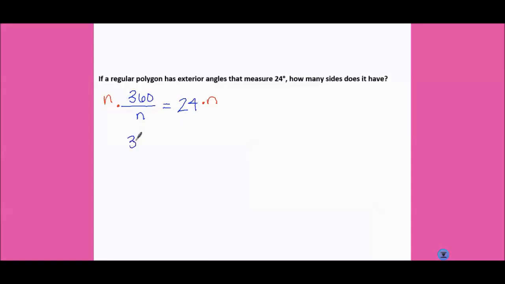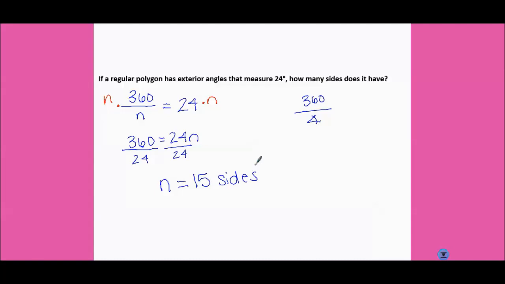We would get 360 equals 24n, and then we end up dividing by 24. So a shortcut would be 360 divided by the angle. Regardless, n is equal to 15 sides.